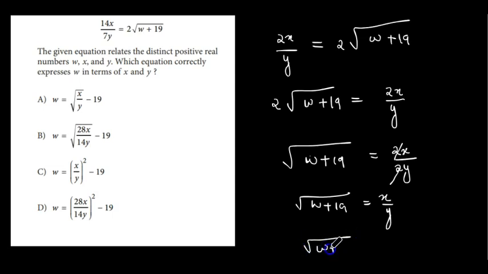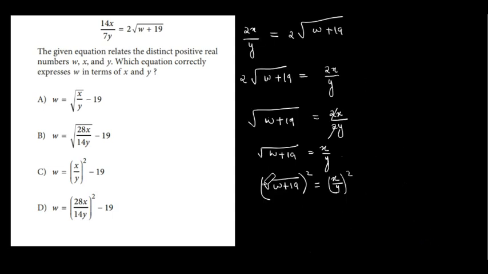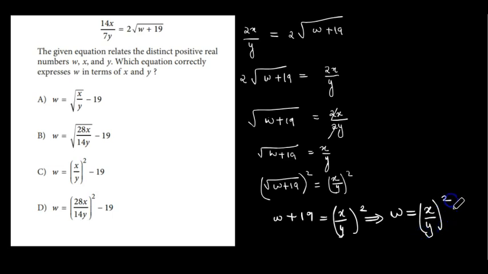So square root of w plus 19, squared, equals x over y, the whole squared. The square root and square cancel each other, so w plus 19 equals x over y, the whole squared. From here you can make it w equals x over y, the whole squared, minus 19, which is directly your option C. You can go with option C.